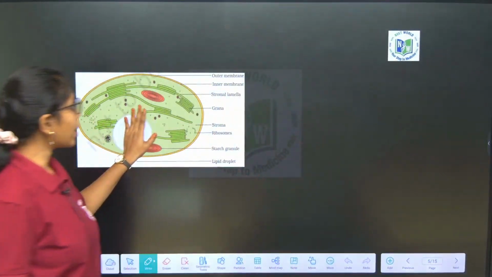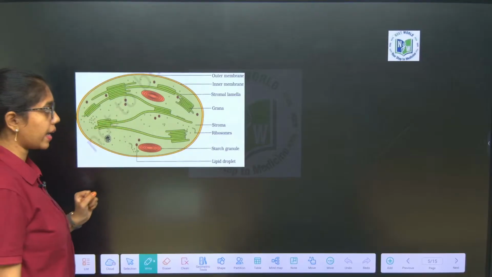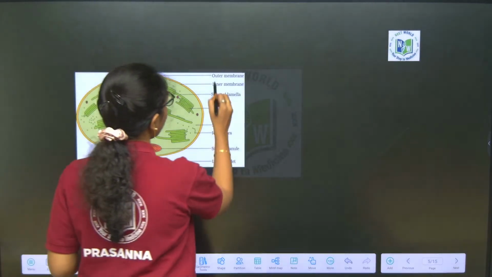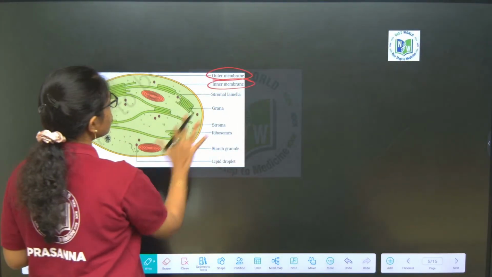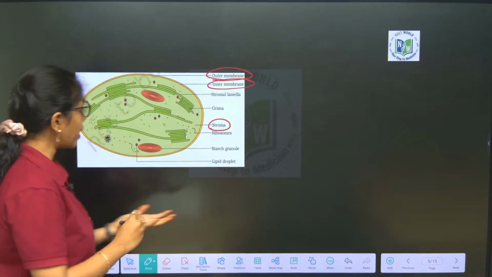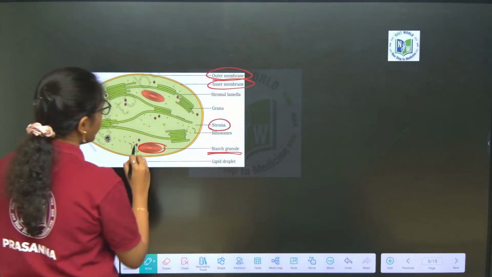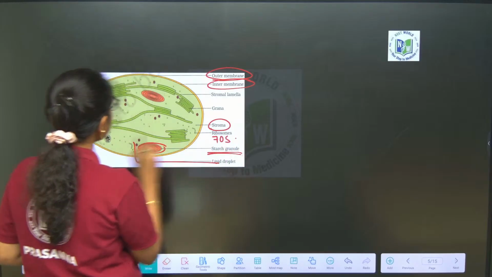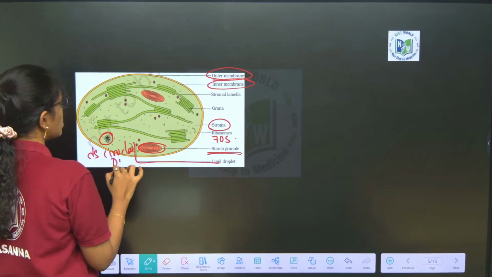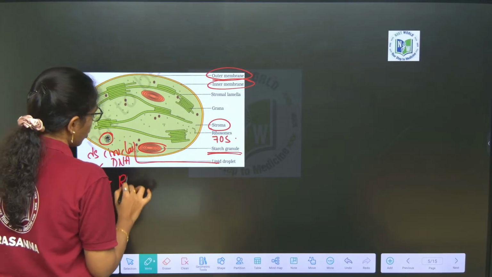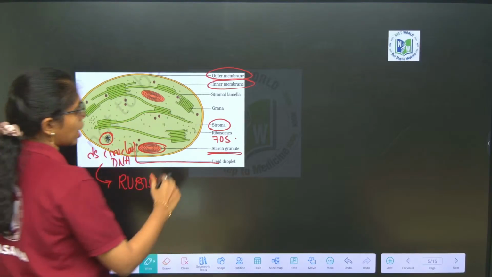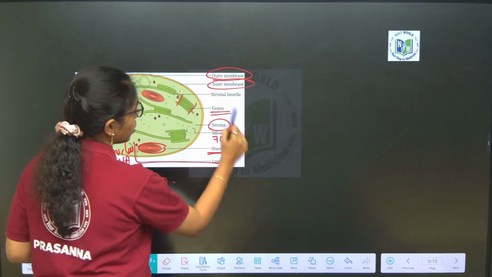Let us recall what we have learnt by visualizing the NCERT diagram. We have both outer membrane and inner membrane, and the fluid filled matrix is called stroma. Inside the stroma we have starch granules, lipid droplets, 70S ribosomes and double-stranded circular DNA, which will synthesize the world's abundant protein, rubisco. The sac-like structures are thylakoids, and the stack of sac-like structures is grana.